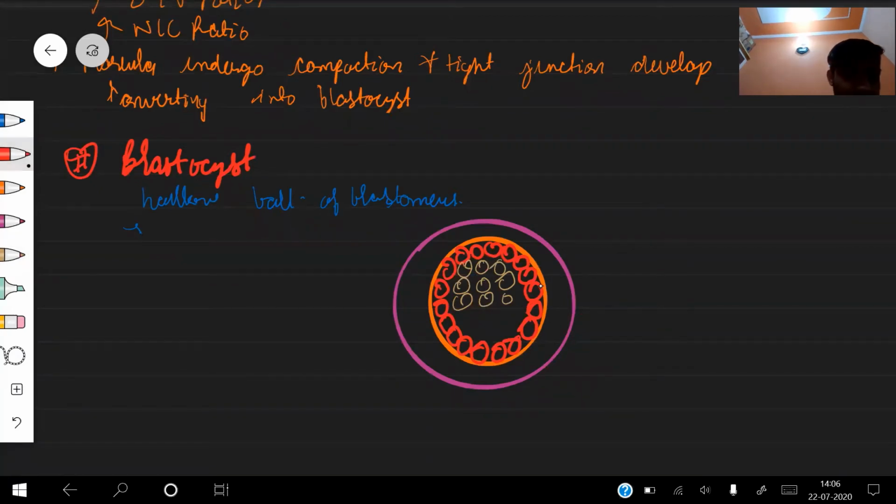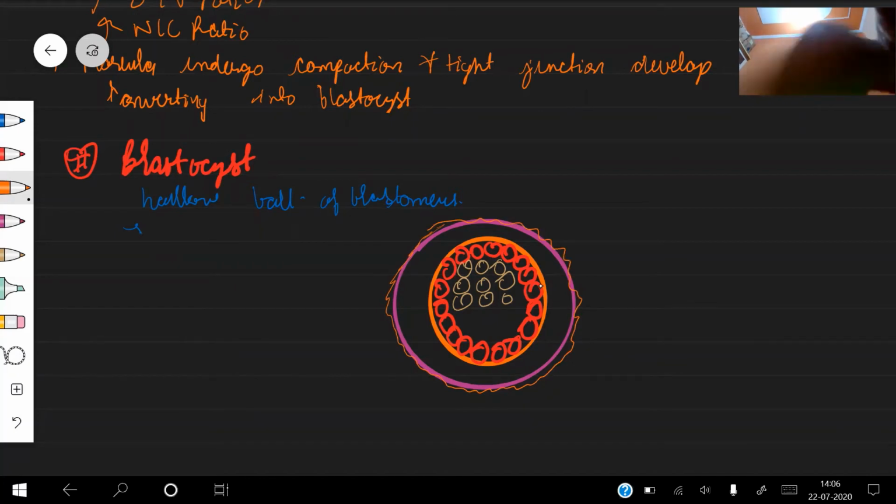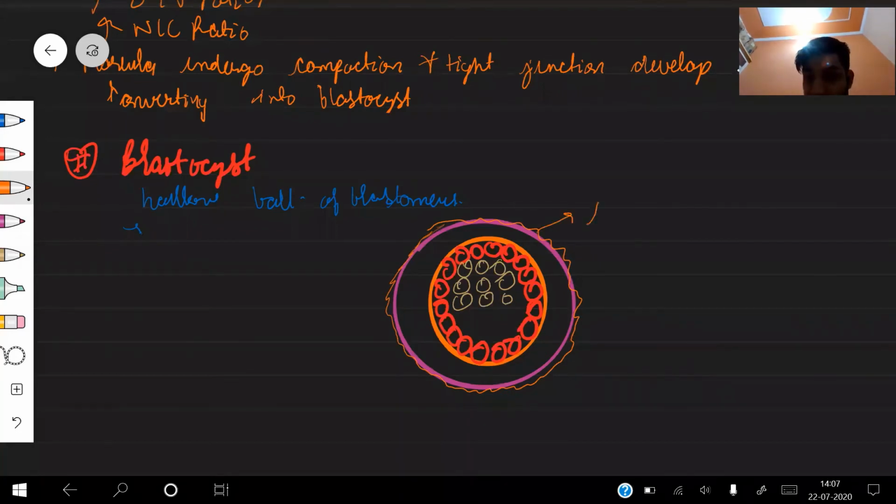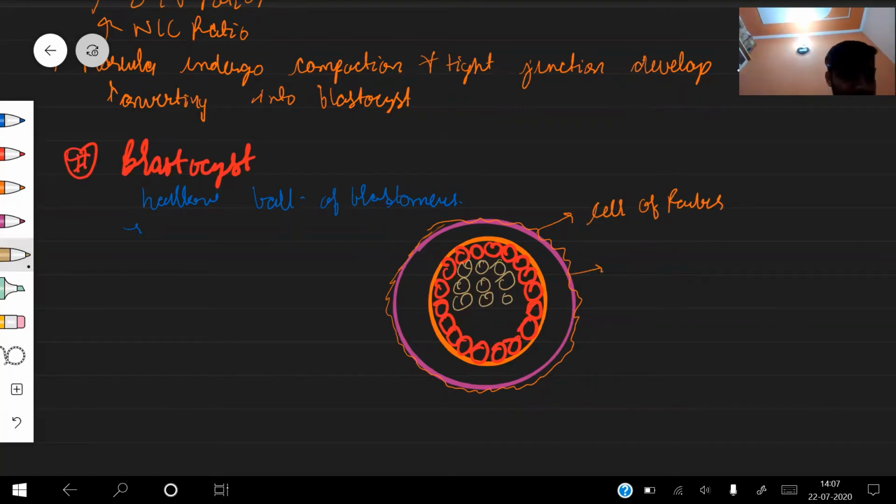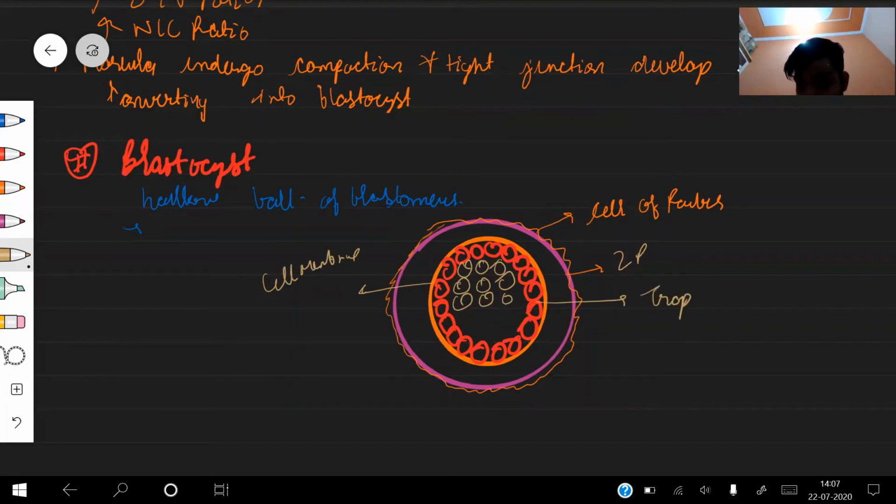Over the zona pellucida is a sticky covering, called the cells of Reber. So it is the zona pellucida, cell membrane, trophoblast, inner cell mass.